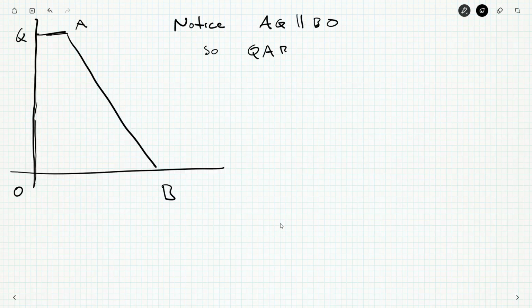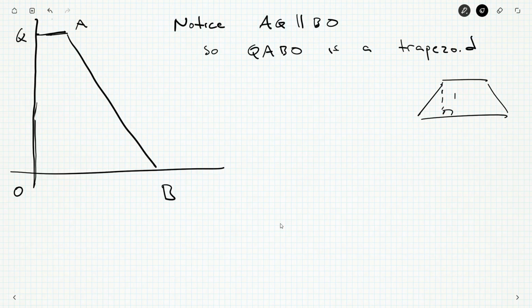So QABO is a trapezoid. If I know the height of the trapezoid, which I do in this case, and I know the length of the 2 parallel sides, the area is 1/2 h times (a plus b).